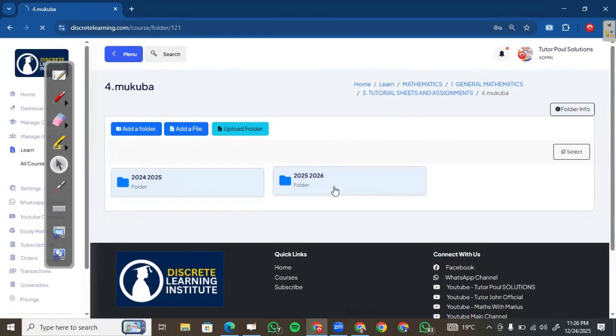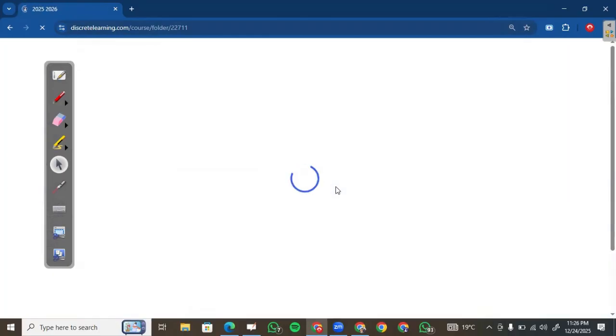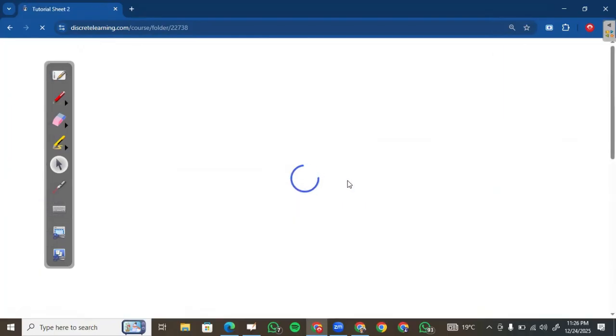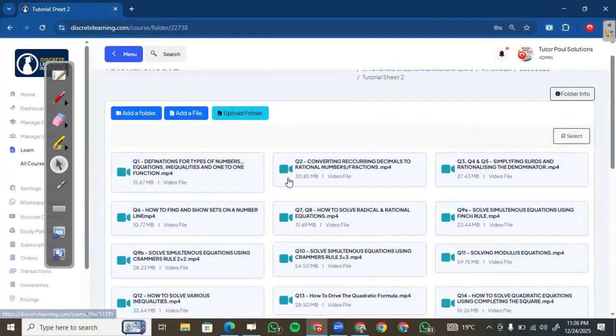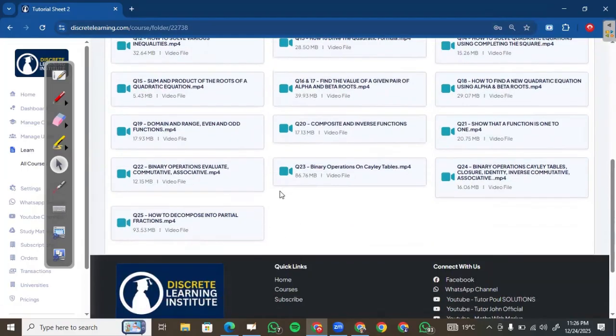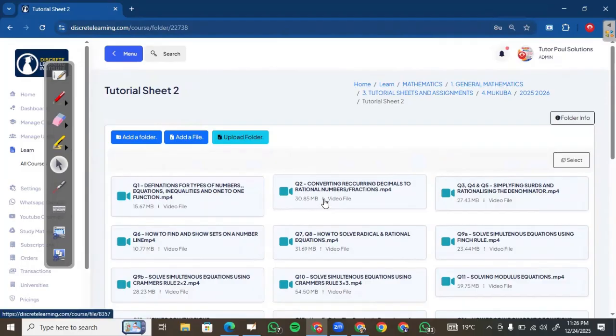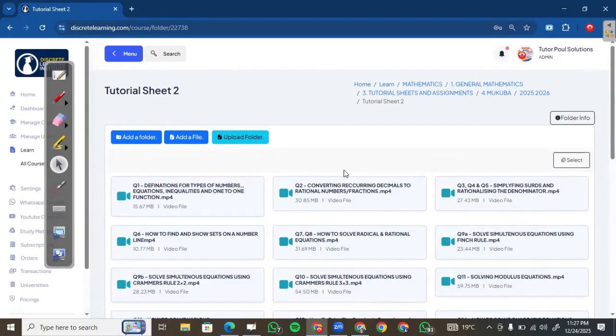You open it and go to tutorial sheet 2. You can see all the questions have been solved from 1 to 25, and they are waiting for you here. If you're finding it difficult to understand things, we have simplified them here. Even the tutorial sheets for physics are solved. The videos are there for you to watch anytime, anywhere, even in your blankets. It's a very good platform.